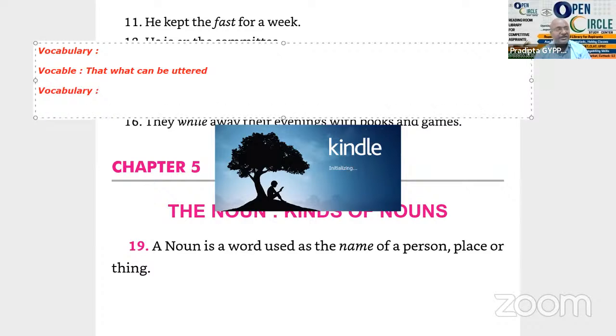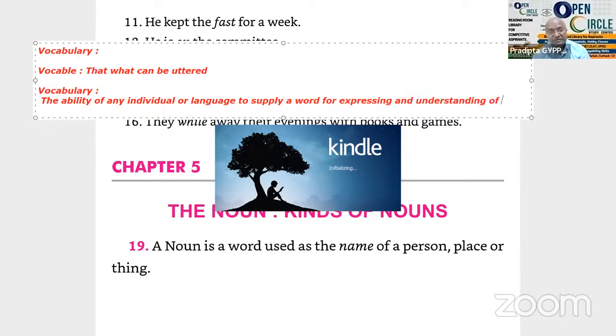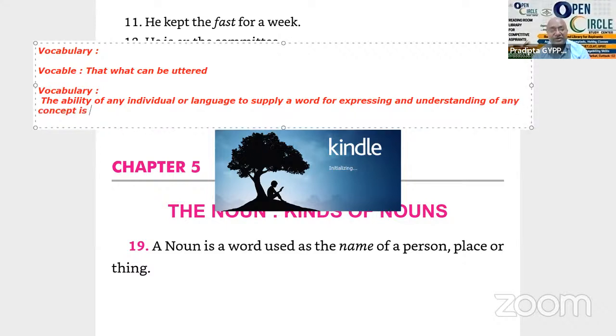My computer is writing very slow, so sorry for this. The ability of any individual or language to supply a word for expressing and understanding of any concept is called as vocabulary.